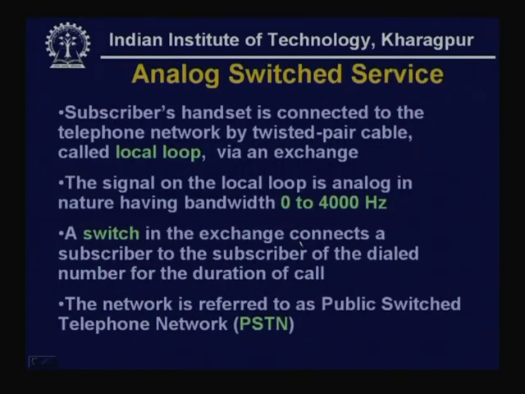The first one, the analog switch service. In this particular case, as I mentioned, the subscriber's handset is connected to the telephone network by twisted pair cable, which is known as local loop, via an exchange. So, through that exchange our handset is connected through the local loop, and the signal on the local loop is analog in nature, having bandwidth of 0 to 4000 hertz, as I have mentioned.